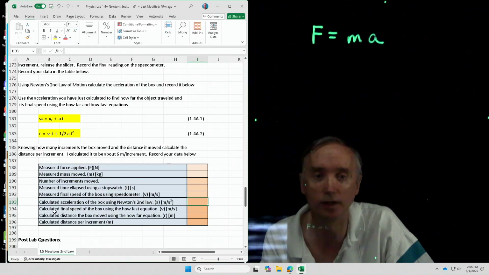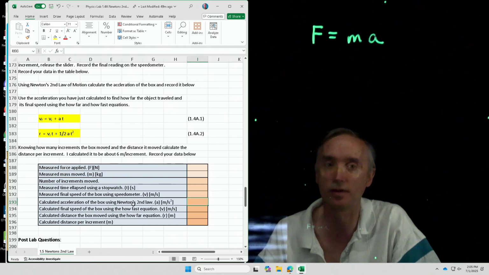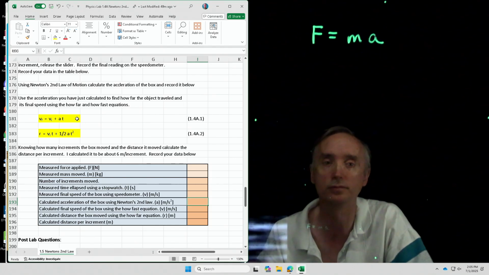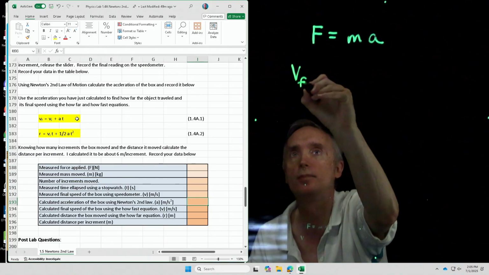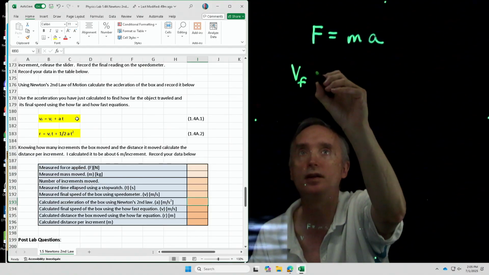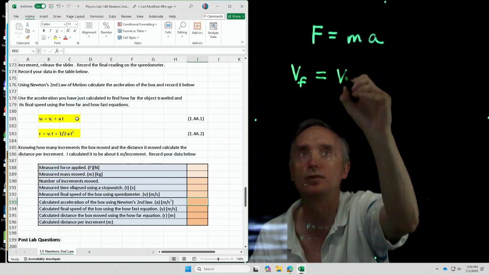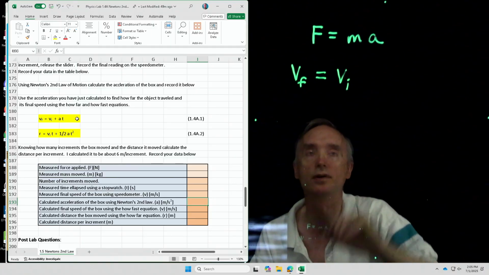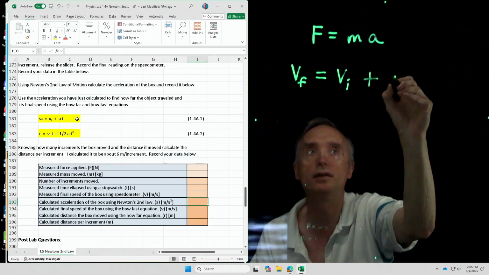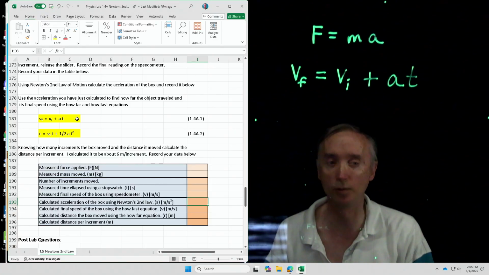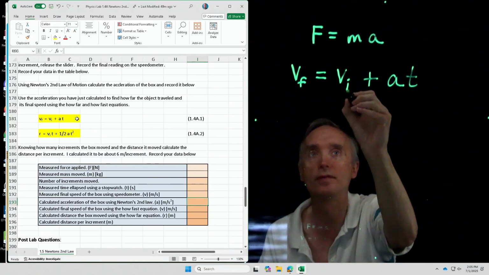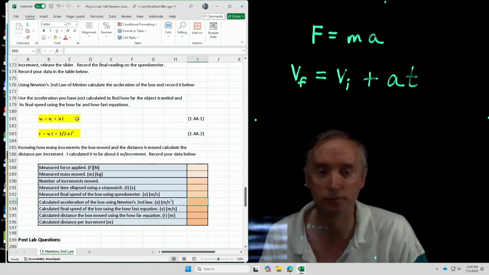Okay, calculated final speed of the box using the how fast equation. So the how fast equation is this one here, which says that the final speed of the box is equal to the initial speed of the box plus the acceleration times time. But what do we know about the initial speed of the box?